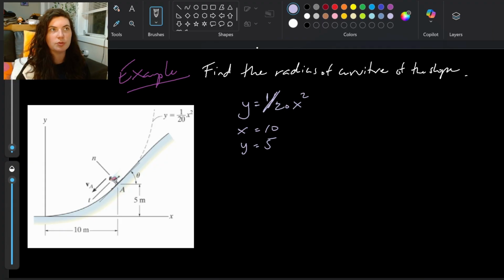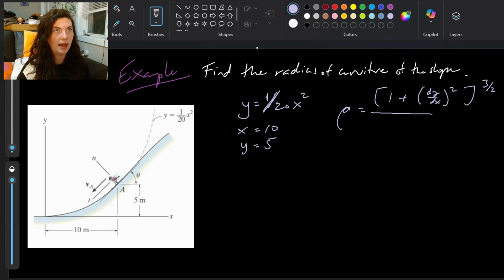What we're going to do here is find the radius of curvature of that function where they are at A. So again, that radius of curvature formula is going to be 1 plus (dy/dx) squared, and then all of that is going to be to the 3/2 all over the absolute value of the second derivative d squared y over dx squared.